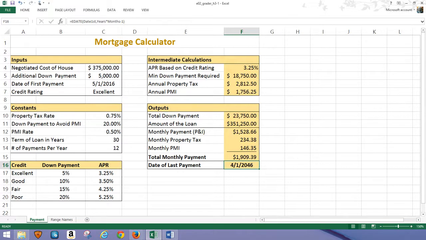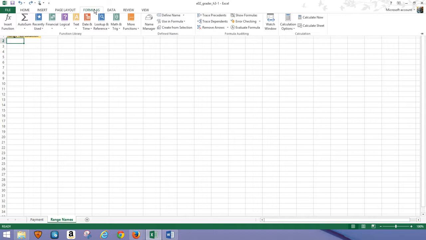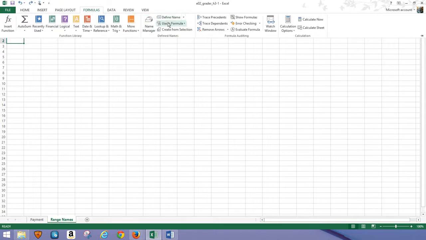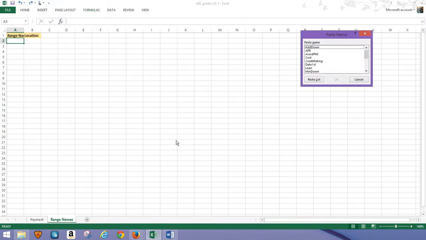We're on 14. Display the range name sheet and paste a list of range names starting in cell A2. So we have to go over here to range. Now we need to put in the range names and the locations. So we go up here to Formulas, and over here, Use in Formula, and down to the last thing here is Paste Names.